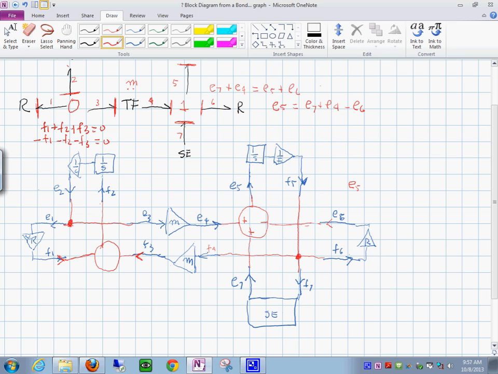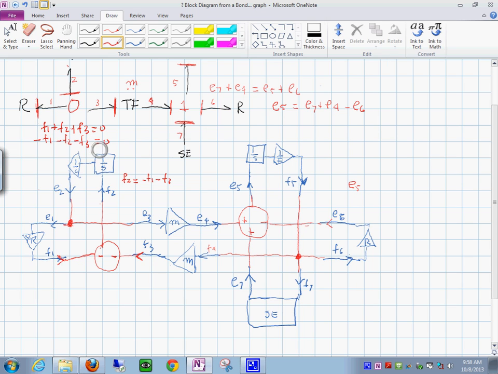Same thing, same equation. But you see the way it is in here, we want it in terms of F sub 2. So it's very easy to conclude that F sub 2 is equal to minus F sub 1 and minus F sub 3. So if this is true, then this should be a minus, and also this a minus. Yeah? And we have completed the entire block diagram from this bond graph.